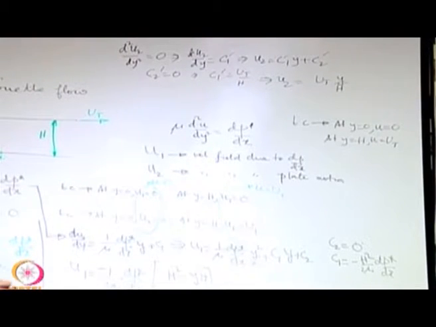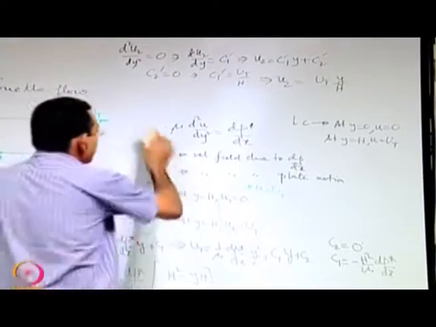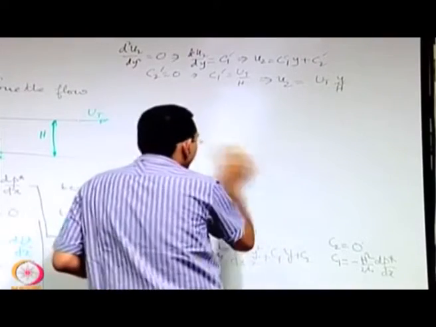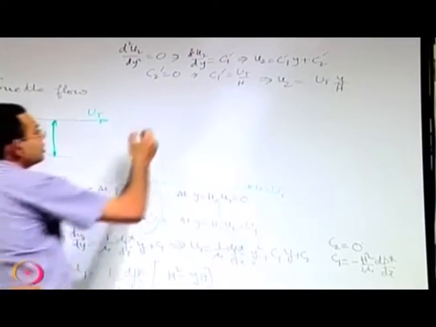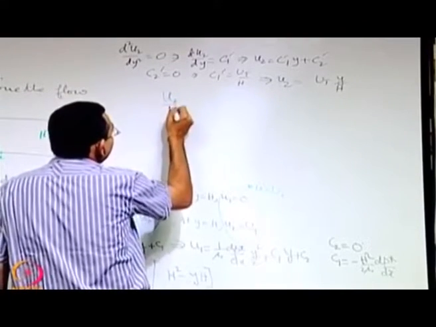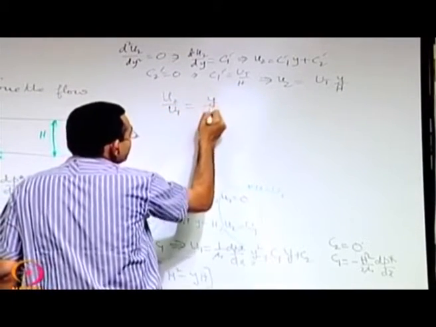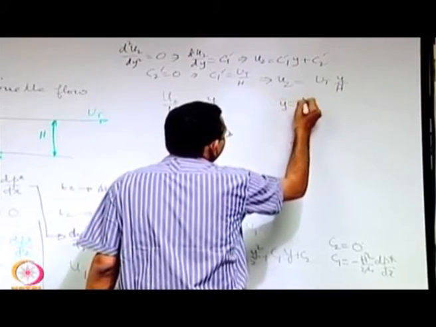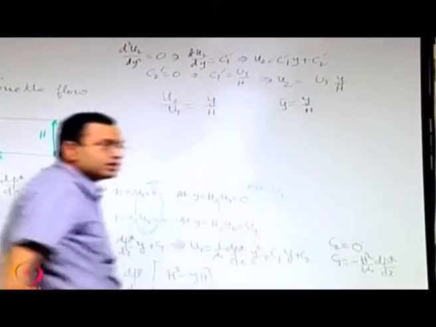It is possible to write the velocity profiles for u1 and u2 in a non-dimensional form. For example, you can write u2 by ut is equal to y by h. This is a non-dimensional way of writing it, and let us give a new variable name y bar equal to y by h, just for writing convenience.